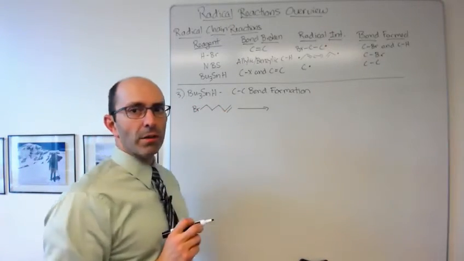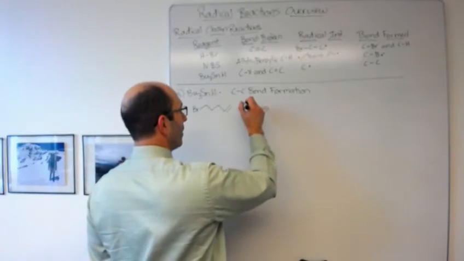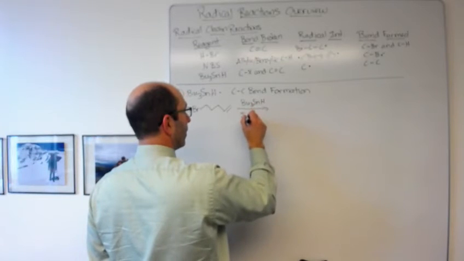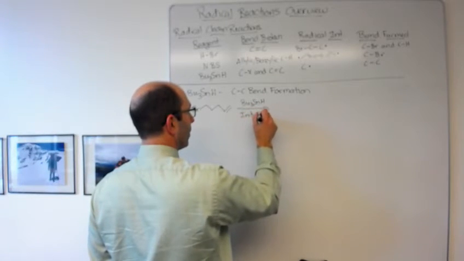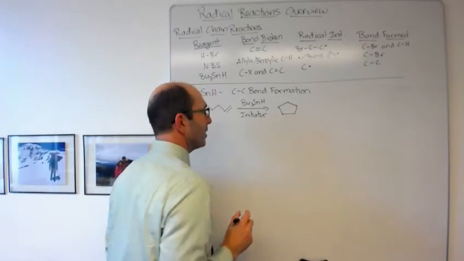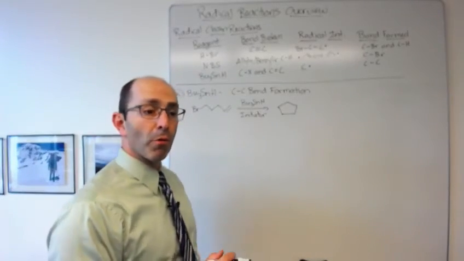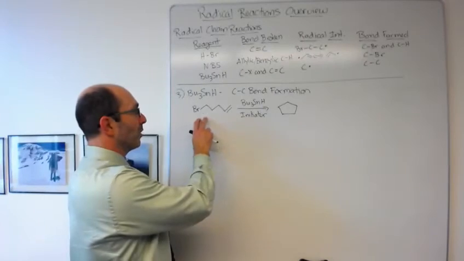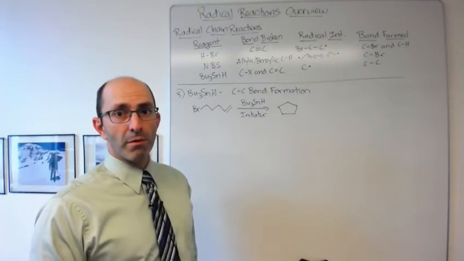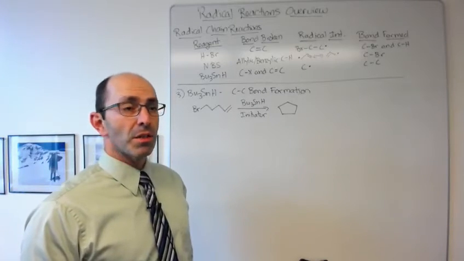And when we react this with some sort of initiator and tributyl tin hydride, we can make, in this case, a 5-membered ring. Very powerful reaction, right, where we're able to turn some sort of bromide with an alkene into a ring, right? And we'll see a lot of examples of this in synthesis.